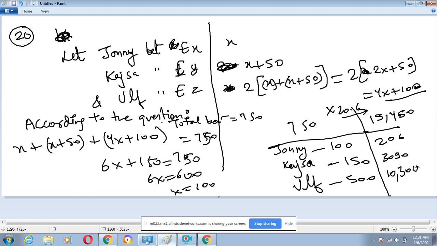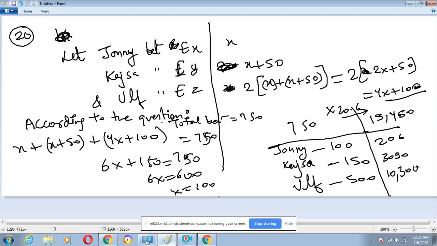It was a pretty tough question for your level of grade. It was not justified, but what can we do? I'll try to explain it. You already know the first part. I got the value of x, and I put it in Johnny, Kaisa, Ulf: Johnny is x, Kaisa is x plus 50, and Ulf is 4x plus 100. So Johnny, Kaisa, Ulf are 100, 150, and 500.